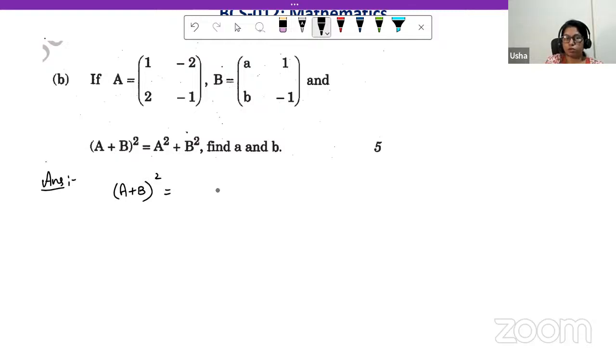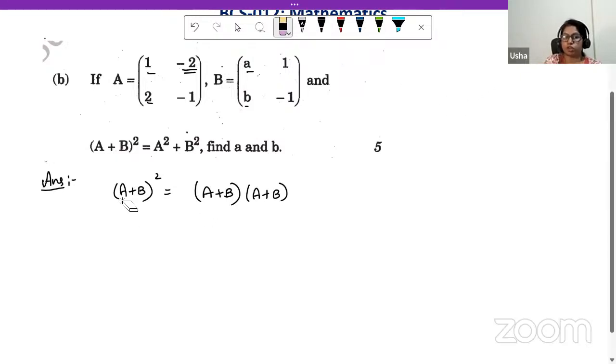You should add these two matrices, that is A plus B, and with this, you should again multiply A plus B. When you add, you are going to get minus 2 plus A, minus 2 plus 1. First term with first term, right? This 1 with A you will multiply, so you will get 1 plus A. And then 2 with B you will multiply, you will get 2 plus B. If you square and all, it is going to be too much calculation. You can do it like this, but it is going to be very lengthy. So I will use the formula method only.